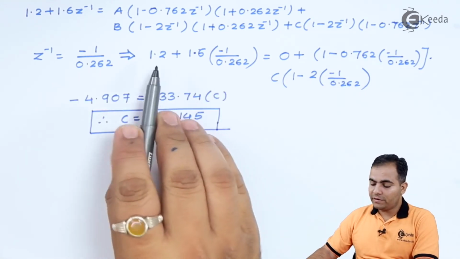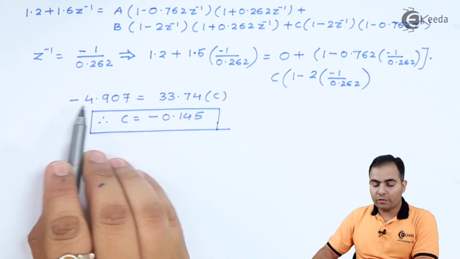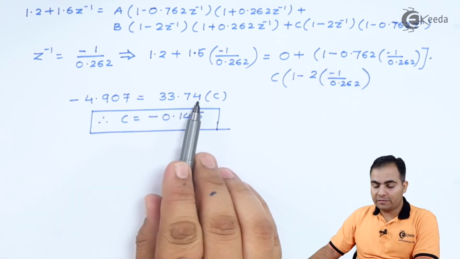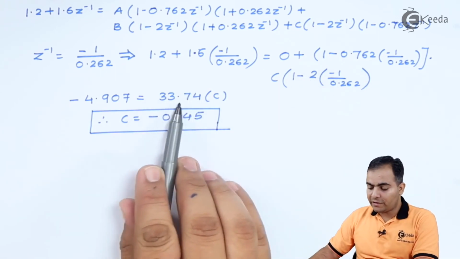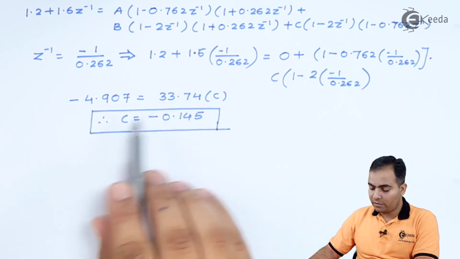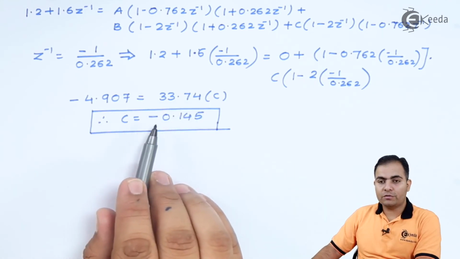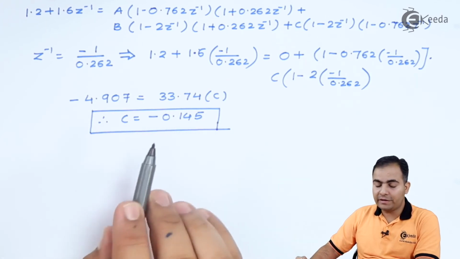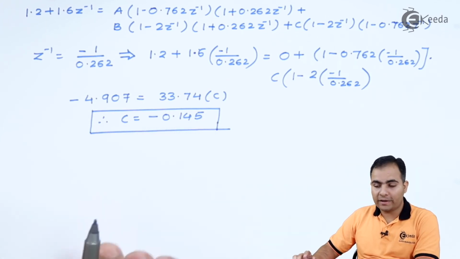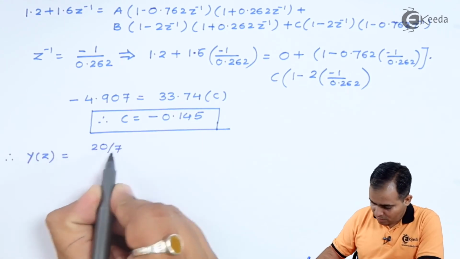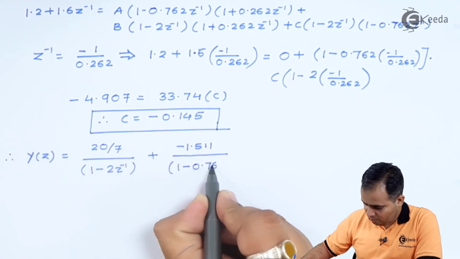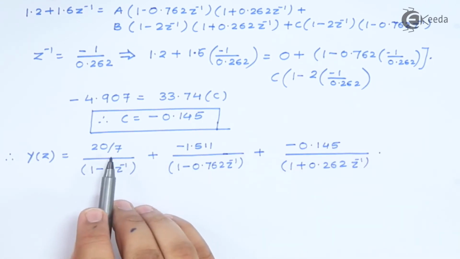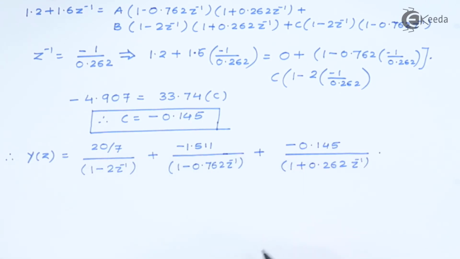After solving this left-hand side part, I've got minus 4.907, and after solving this right-hand side part, I have got 33.74 multiplied with C. And now if I shift this 33.74 to the left-hand side, what will you get? C is equal to minus 0.145. Now I'll substitute all the values of A, B and C in my equation number 1. So look at here, I've substituted the values of A, B and C in my equation number 2.